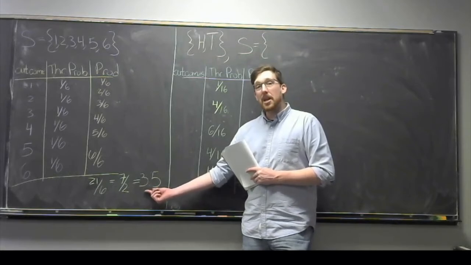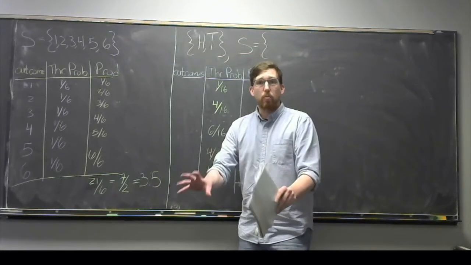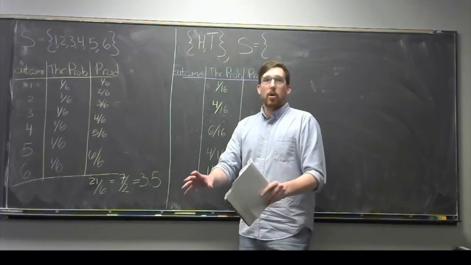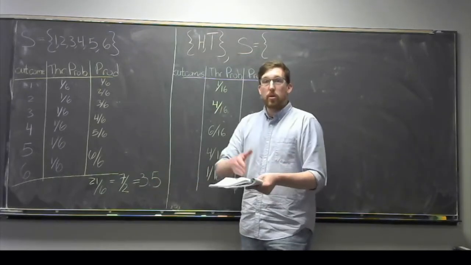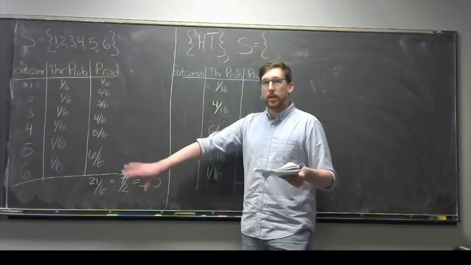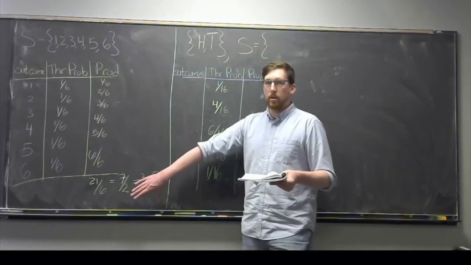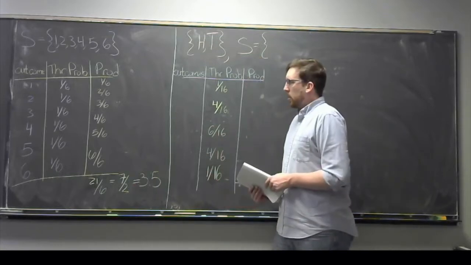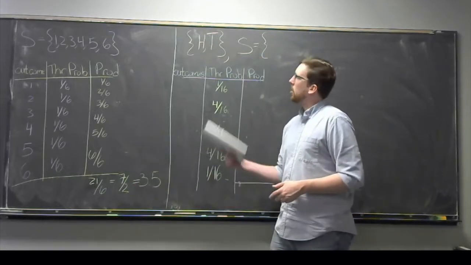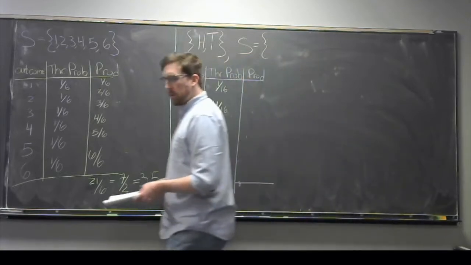This doesn't mean that we're going to get 3.5 on a roll. It means that the average roll, if we do it a whole bunch, is 3.5. So there's a bit of a distinction there, right?